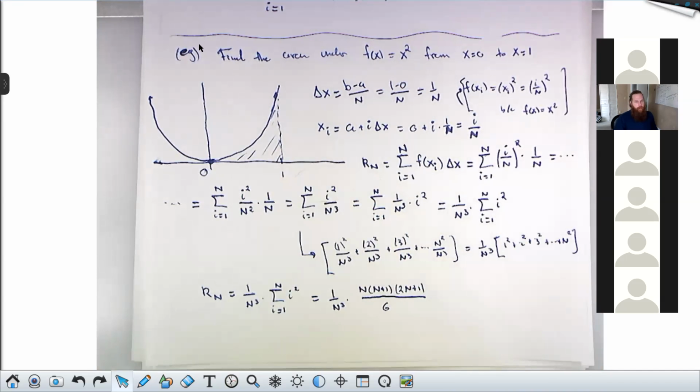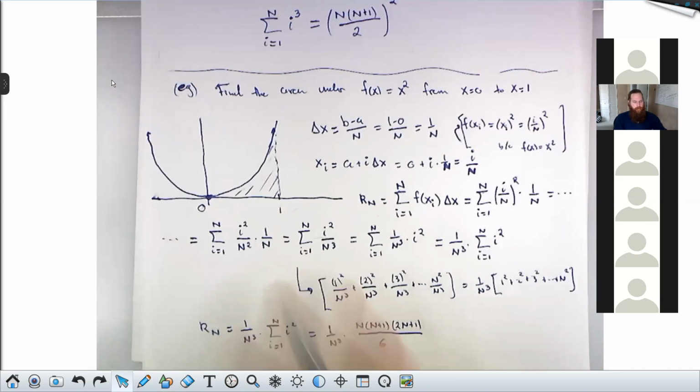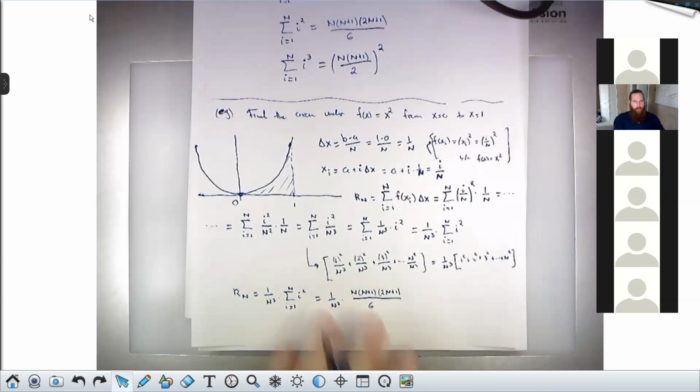Here I make use of the summation formula that I gave you. I can zoom out a little bit if you want. So I'm using this formula to replace this piece by this piece.